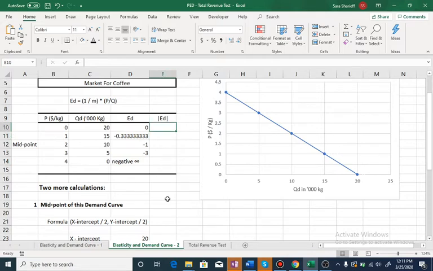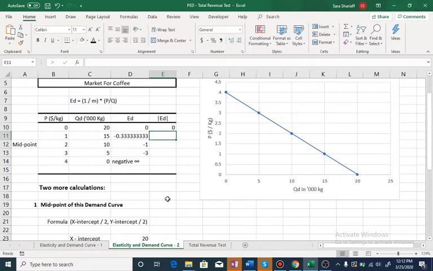Okay, I told you that we are not interested in the values of price elasticity of demand. We are interested in their absolute values, because we have to ignore the minus sign. The minus sign is there just because of the law of demand. It has nothing to do with the magnitude, with the responsiveness, right?